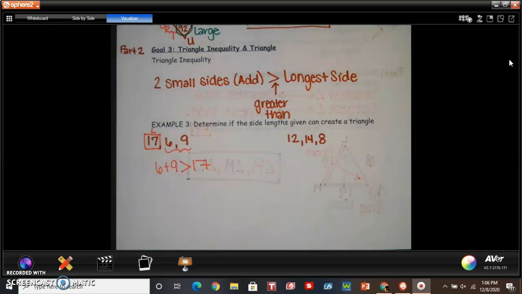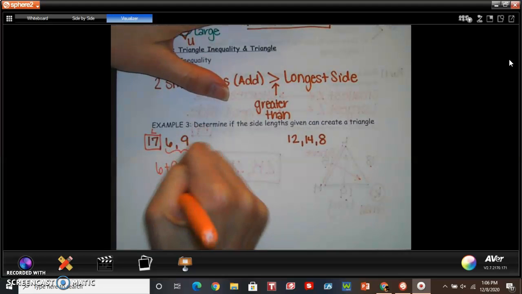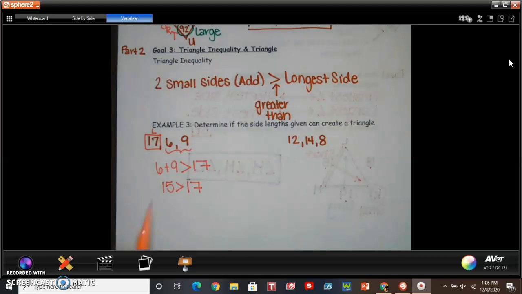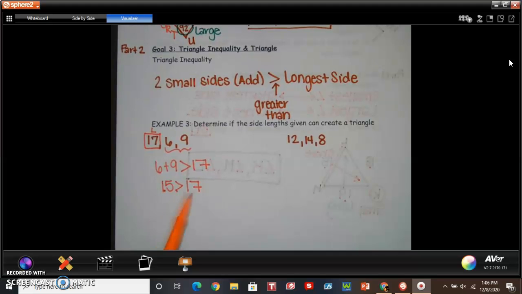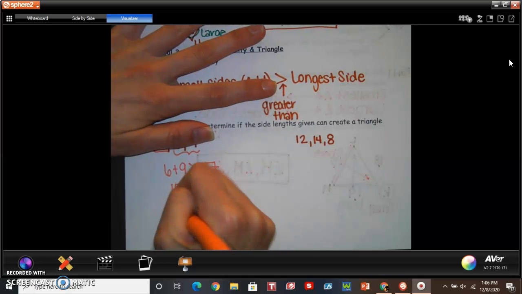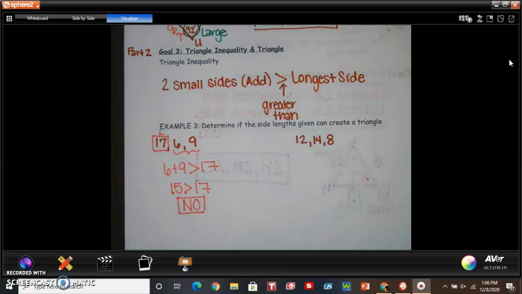I know it's simple math, but just in case, it always helps to check yourself. We have 15. Now you got to think to yourself, remember the Pac-Man is going to eat the bigger number, or the shark or whatever you want to call it. So is 15 greater than 17? No, it is not. So therefore, this would not create a triangle. So your answer would be no for that problem.